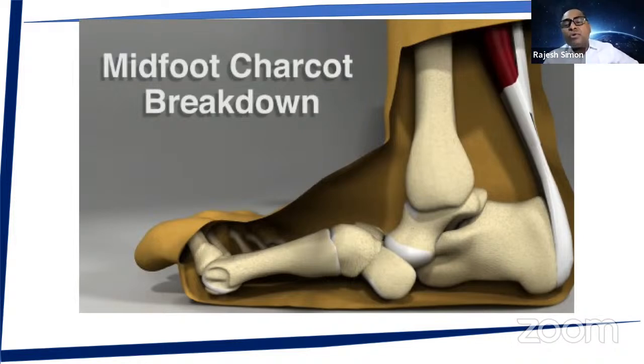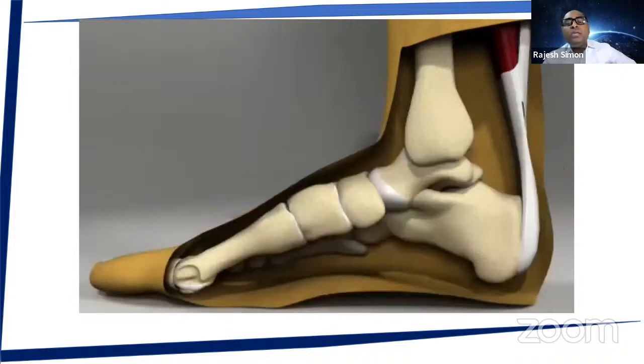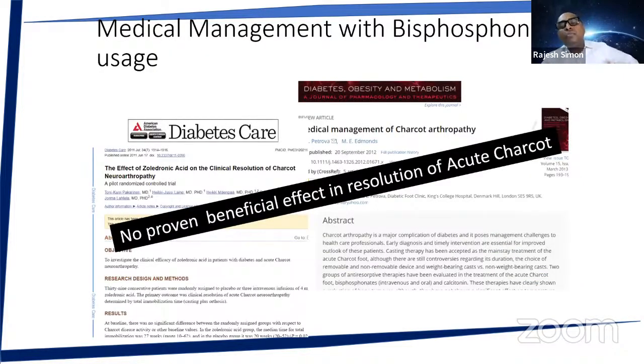But in Charcot neuroarthropathy, every time you move, your osteoclastic activity is increasing and the bones completely start disintegrating. So that is why we go with something called a total contact cast.